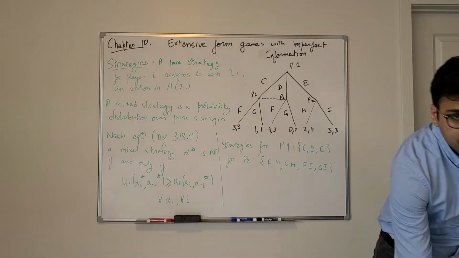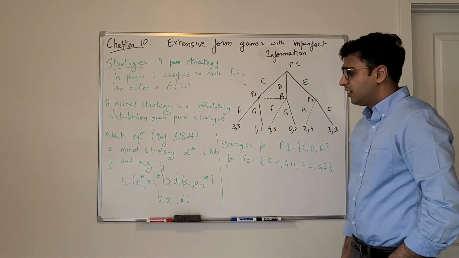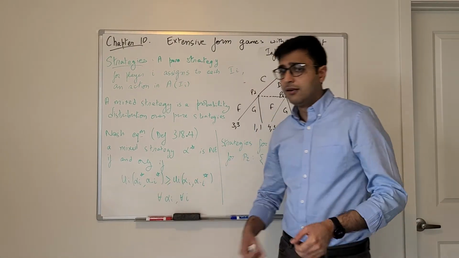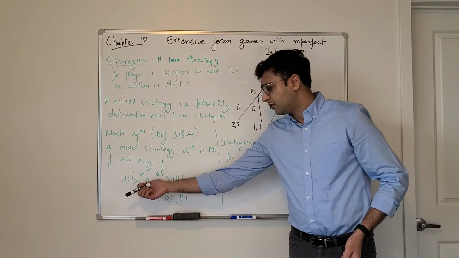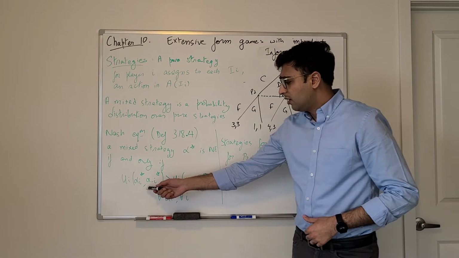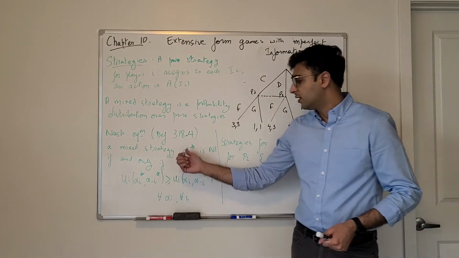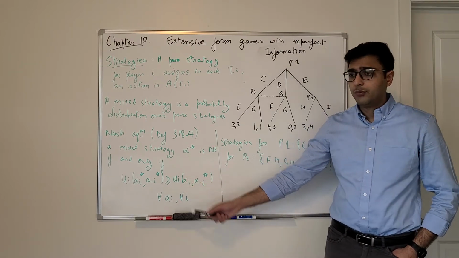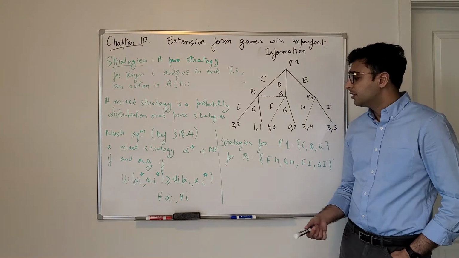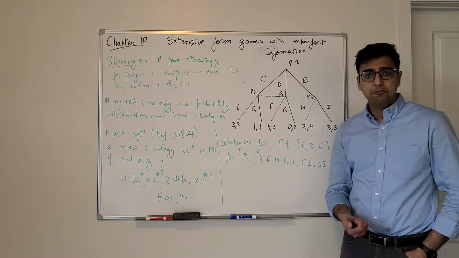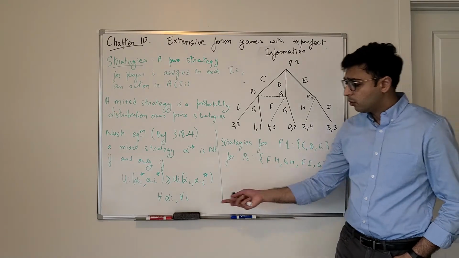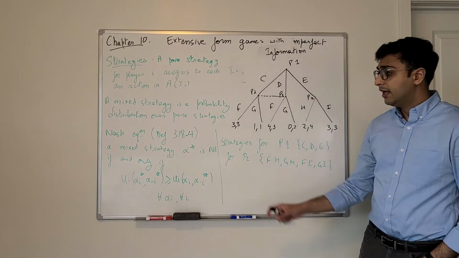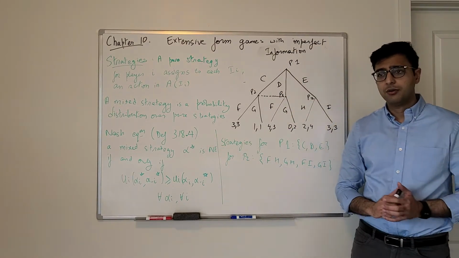Basically, what it says is that alpha star, a mixed strategy, is a Nash equilibrium if and only if the utility that player I gets from playing alpha I star, so its role in that strategy profile, where the other players follow their own strategy profiles in alpha star, is at least as much as player I would get from playing any other strategy, given that the other players still play alpha minus I star. And if this holds true for all alpha I available to player I, and for all players I, then alpha star is a mixed strategy Nash equilibrium.